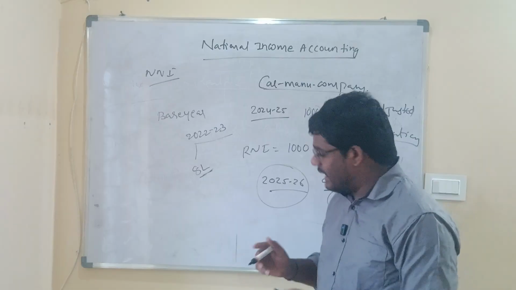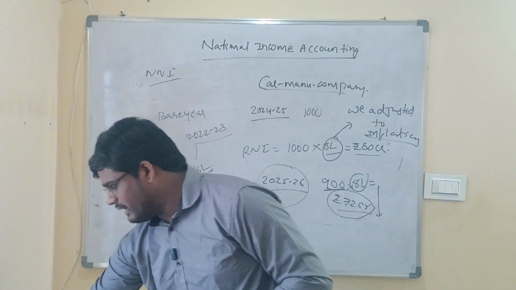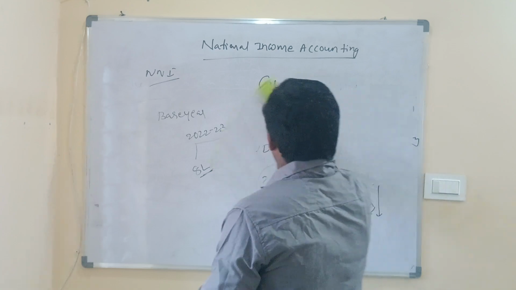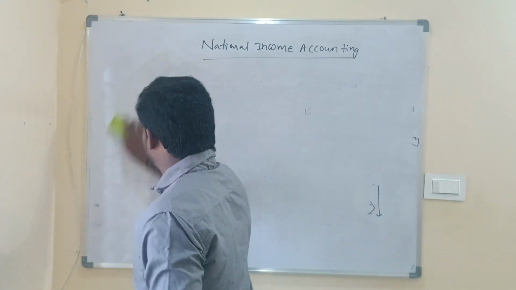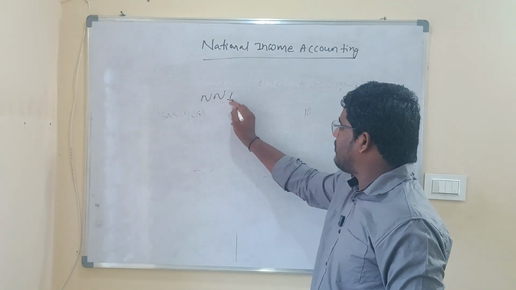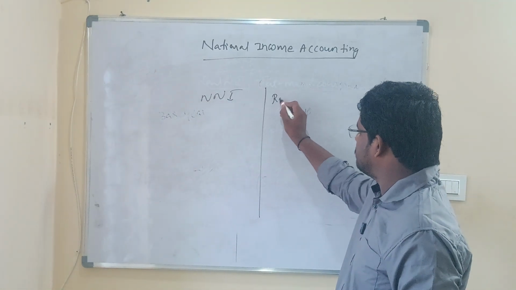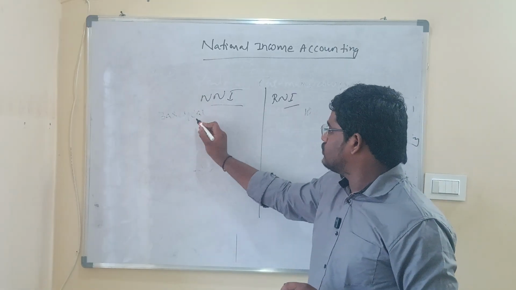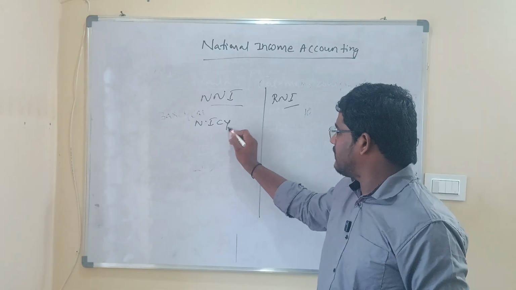So now let us compare the nominal national income and real national income in a summarized version. Okay, immediately we will close the topic. Now look at the nominal national income and the real national income. The nominal national income is also known as national income at current year, current prices.